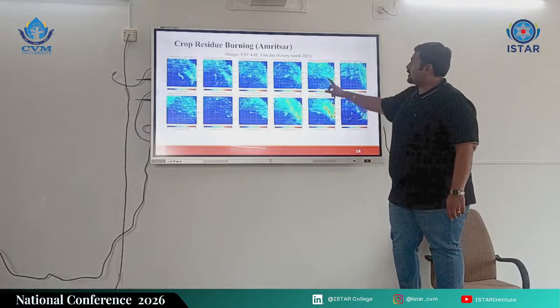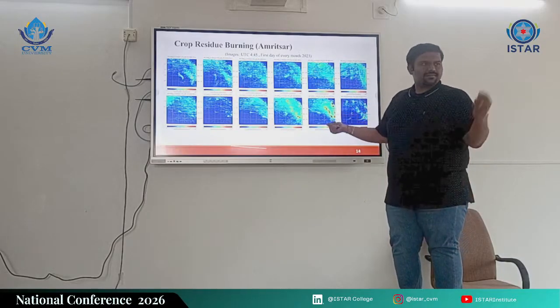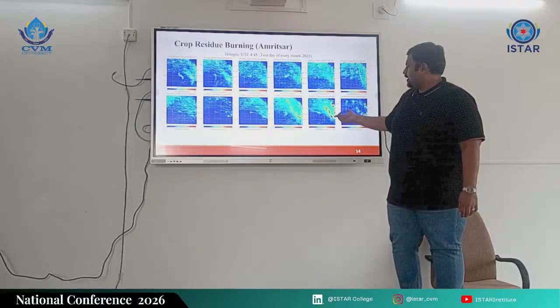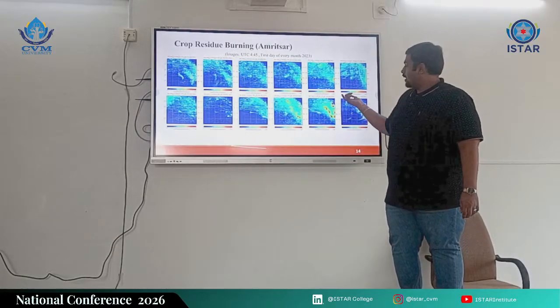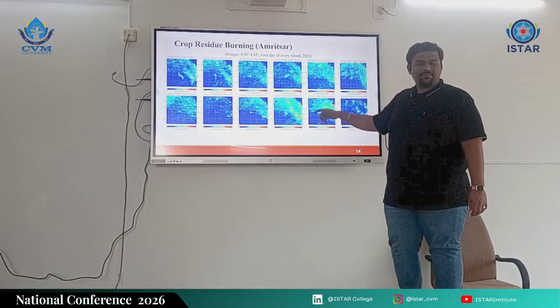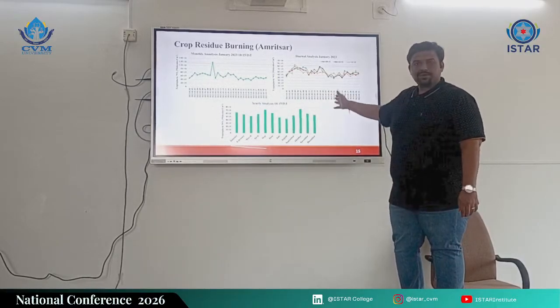And this is the residue burning for Amritsar, and you see how it's showing the changes in the emission rate of tropospheric NO2 in October and November. And this is the big graphical analysis for that.